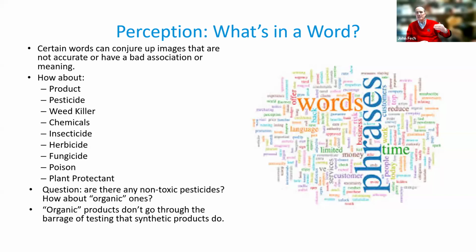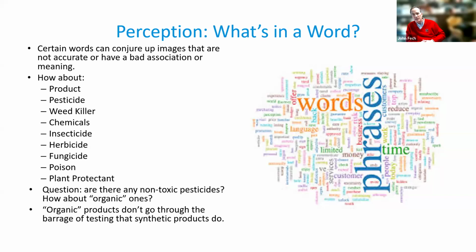And each one has a slightly worse or better connotation associated with it. Product is pretty generic, and we use products all the time. You could use the telephone, that's a product. You could use a pesticide, that's a product.